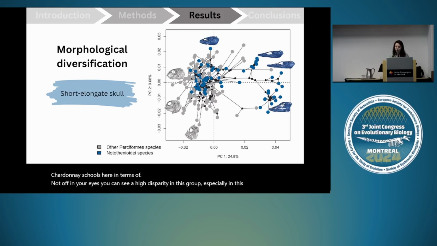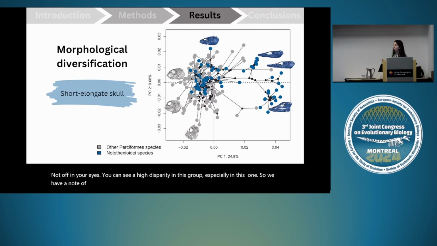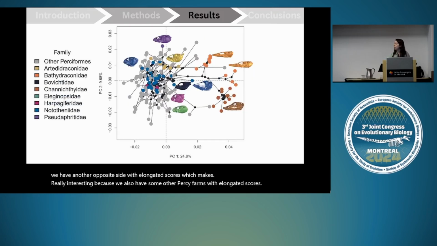So we have notothenioids with skulls similar to other perciforms. We can see a lot of blue dots mixed in with the gray dots of other perciforms. However, on the opposite side we have elongated skulls, which is really interesting because we also have some other perciforms with elongated skulls. So looking deeper into the phylogenetic aspects, who are these guys with elongated skulls?